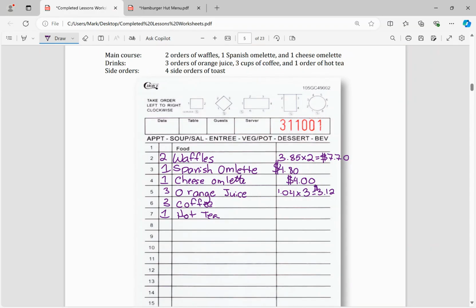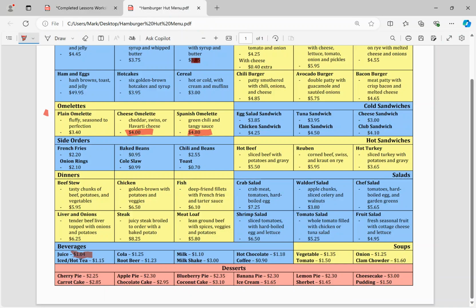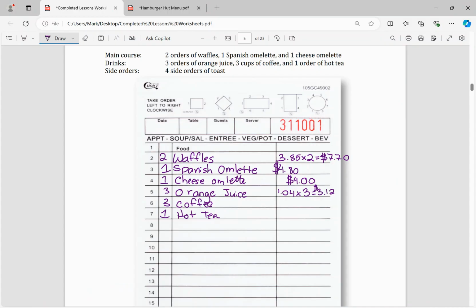$1.04 times 3 is equal to $3.12. Let's take a look at coffee. Our coffee over here is 90. Whoops, highlighted the wrong one. Our coffee is 90 cents. All right, the highlighter's not working, but we can all see 90 cents. So that will be 0.90, and 3 of those.